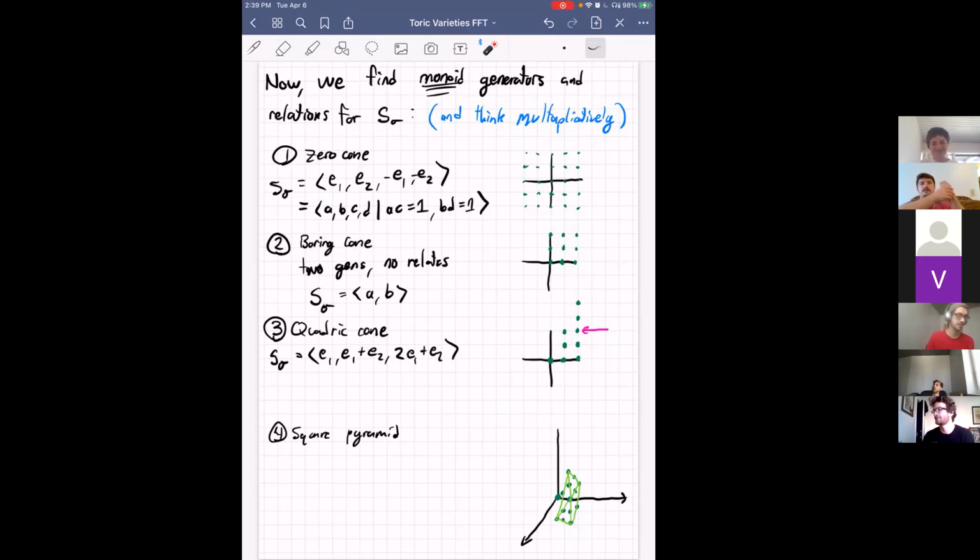There's also a relation. It's a particularly interesting one. That relation is E1 plus 2E2 equals 2 times E1 plus E2. And you can see that visually too. This is E1 plus E2. So if I go that twice, that gives me the same as going E1 once and then 2E2, so 2E2 plus E1.